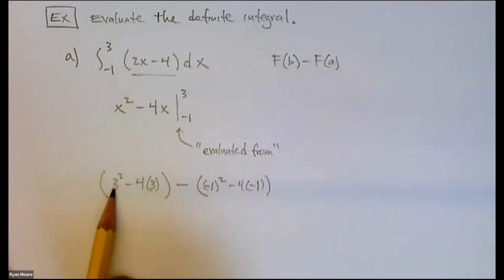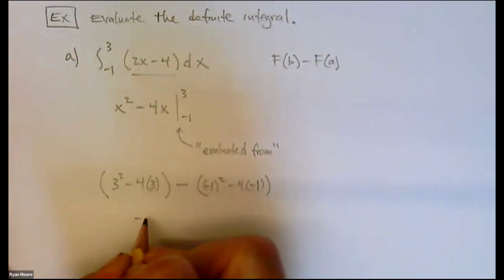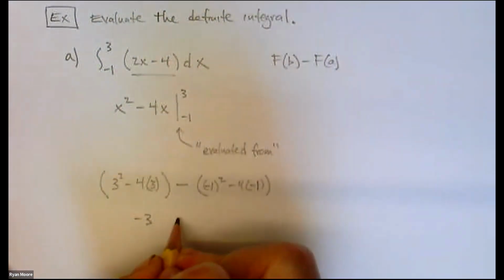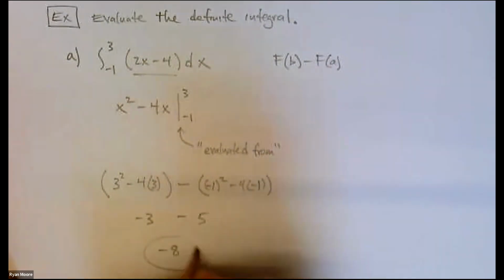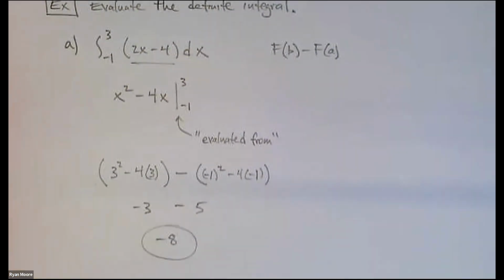All right, let's see here. This is 9 minus 12. That's -3 minus, what is this? 1 plus 4 is 5. -3 minus 5. Our answer is -8. And we did it. We found it.